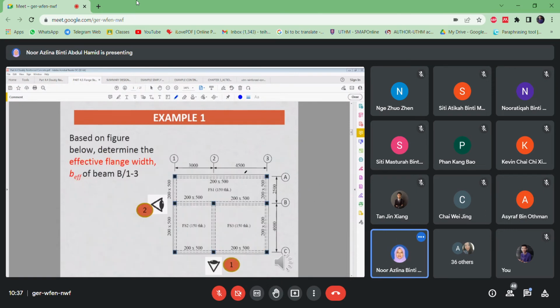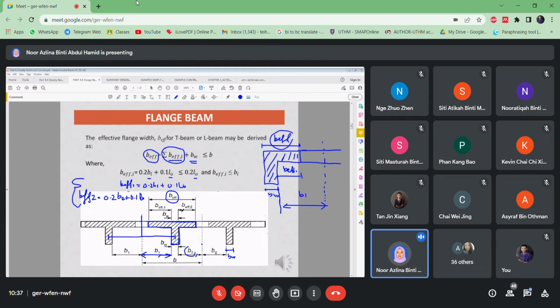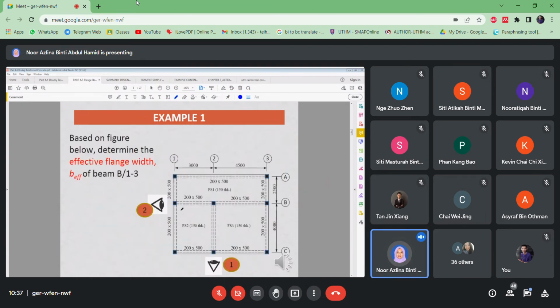Okay. Alright, so we go straight to the example here, which is if you look at here, this is the first view for the beams, right? Then we have another one. We need to see the cross section of the beam. That means you kena letak mata you dekat dua directions.